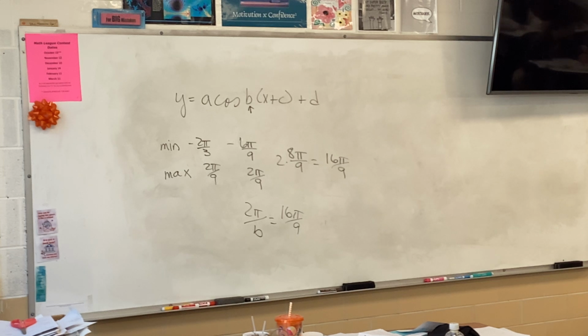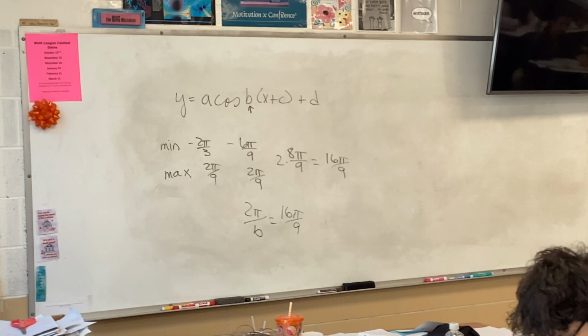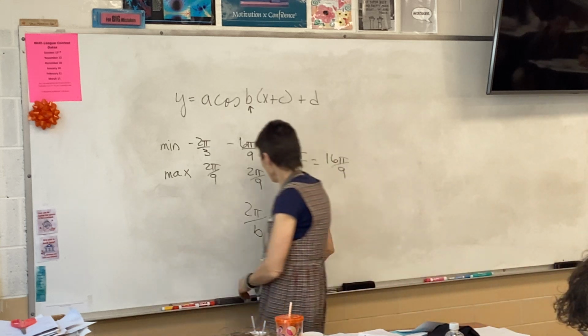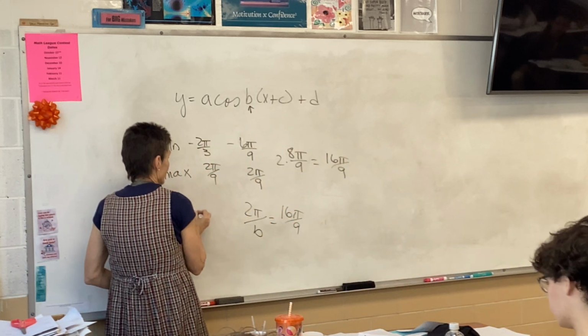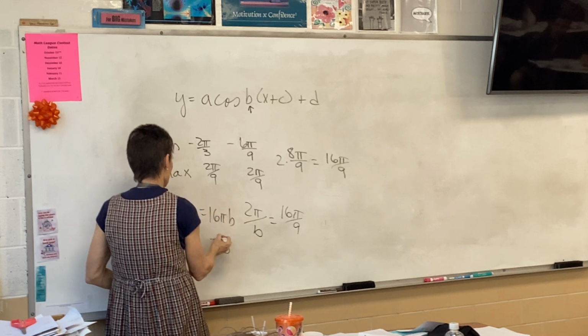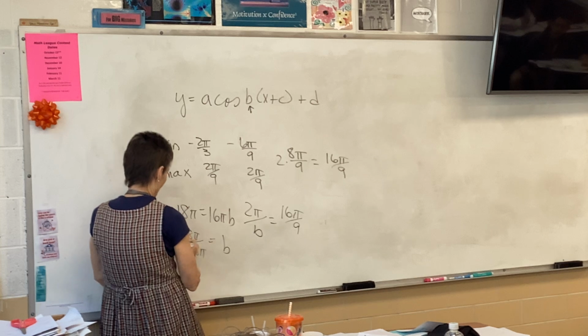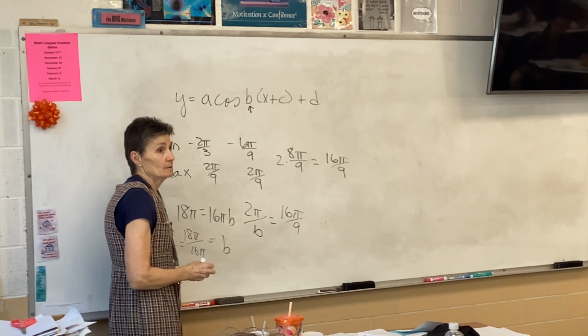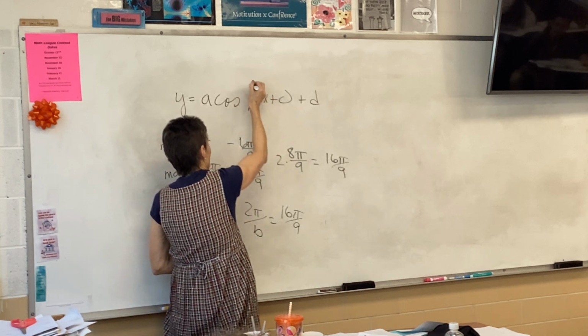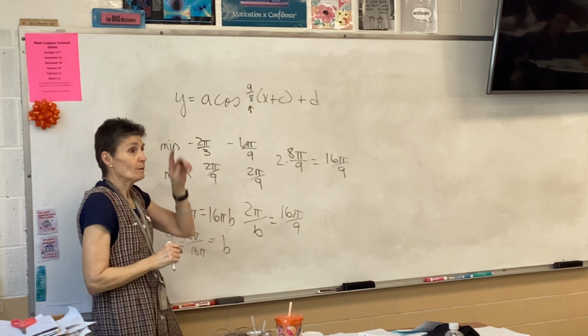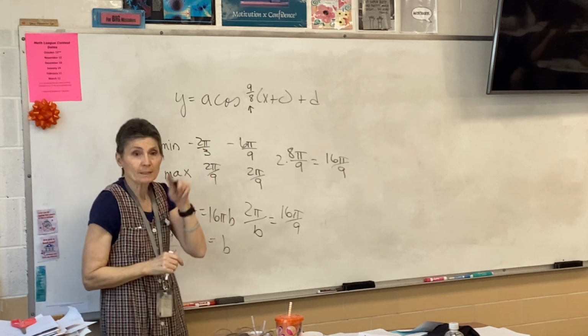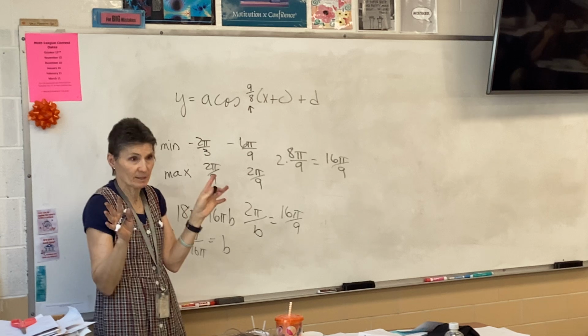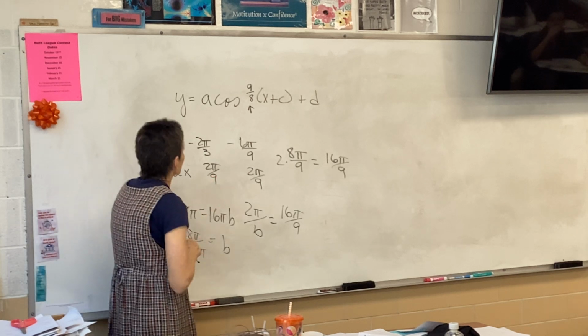Have you figured it out? 18 pi equals 16 pi b, so b equals 18 pi over 16 pi, which reduces to 9/8. So b is 9/8. Now, what would the b be in problem 1? 9/8, because whether it's a sine or a cosine, the period is the same. All right, got that one.